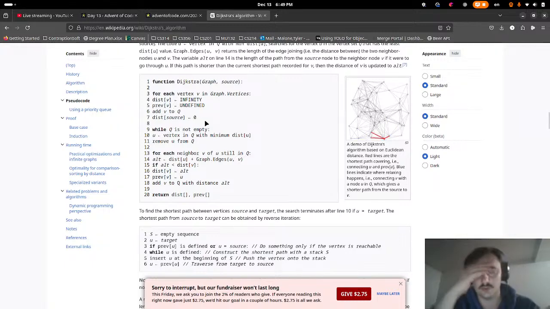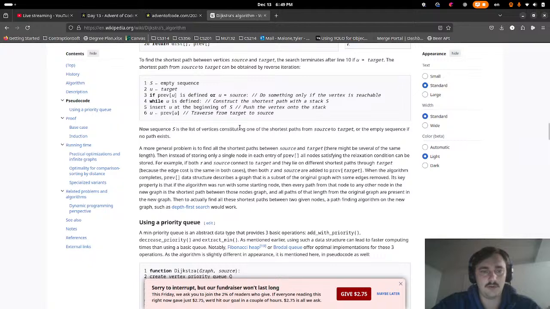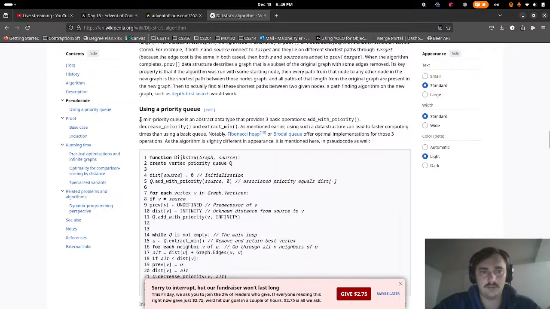So this is with a queue. Why priority queue? Oh yeah, we're not really looking for the shortest path, are we? We're looking for the fewest number of tokens.